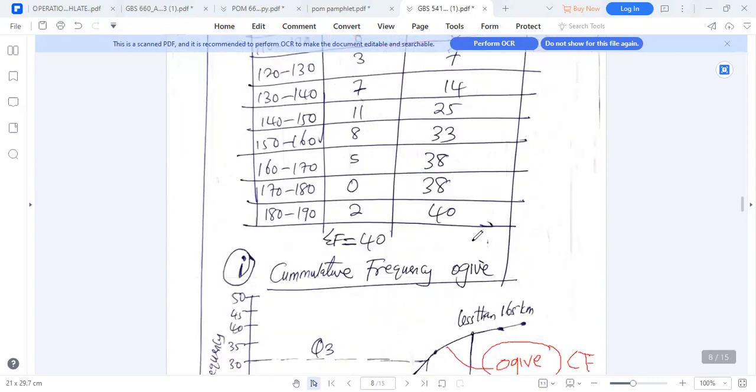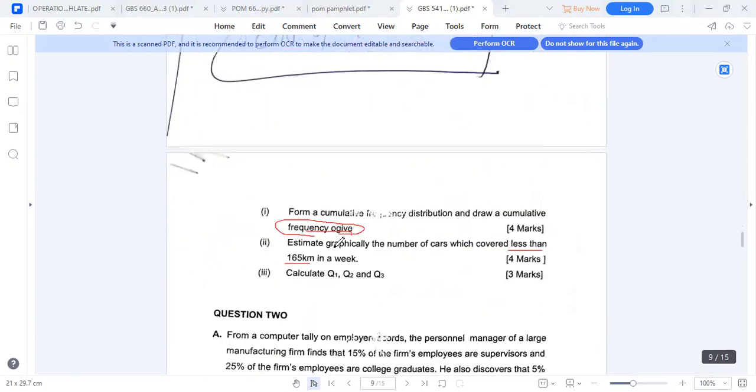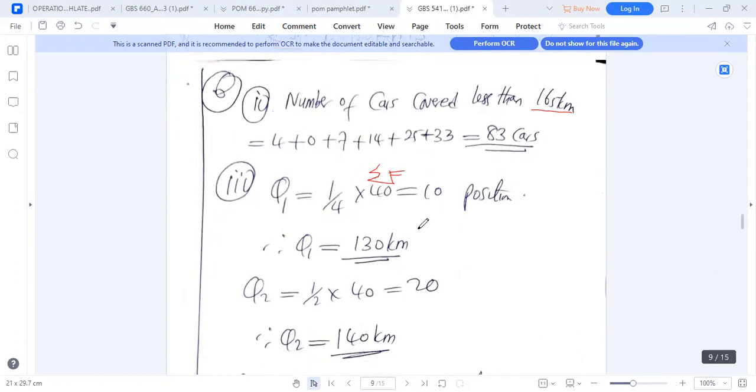Then getting down to the other question, they're saying find the Q1, Q2, and the Q3. So Q1 is the lower quartile, Q3 is the upper quartile. So our Q1 is 1 over 4 times the summation of F, which is the 10th.